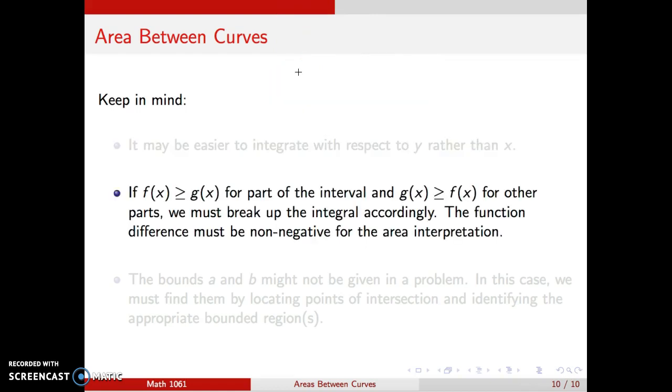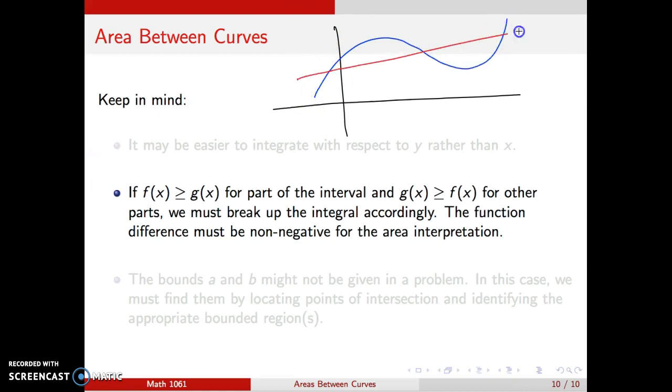Next point, if you've got f of x greater than g of x for part of the interval, and then the order switches for the other parts, you have to break up the integral accordingly. Imagine you've got something like this, and we want the total area of the two regions bounded by those curves. You've got this part, and then this part.